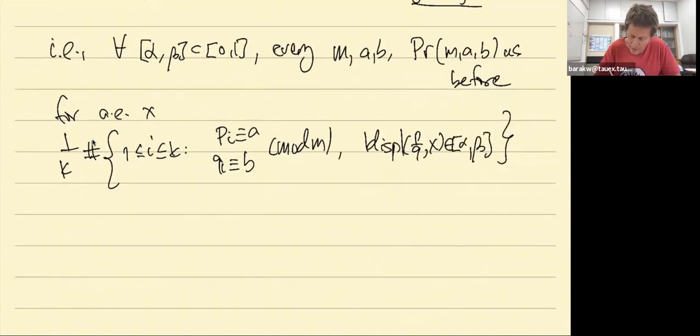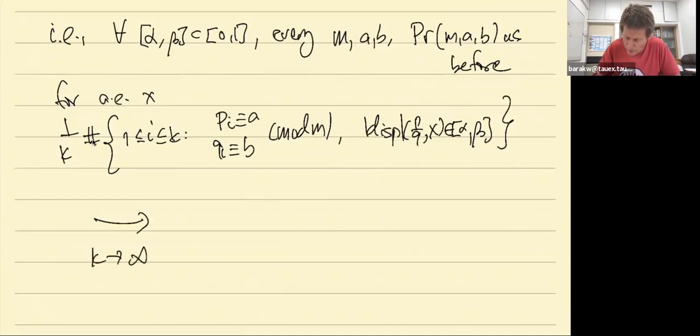This thing tends, as k tends to infinity, to the product, PR times mu. So not only do we know the asymptotic frequencies of these two events, but they're independent of each other.